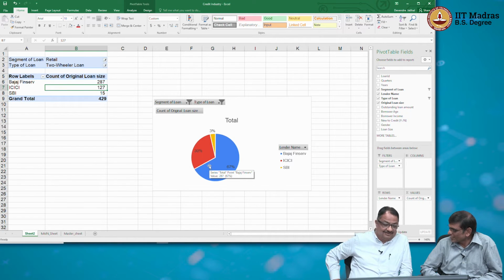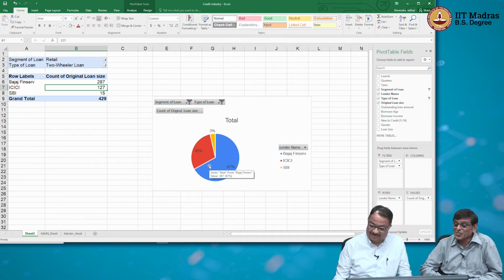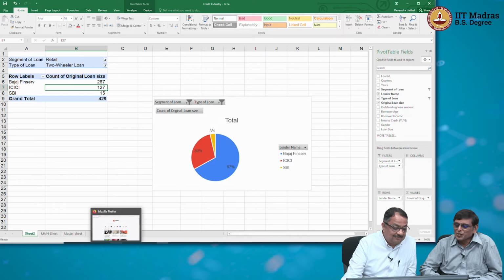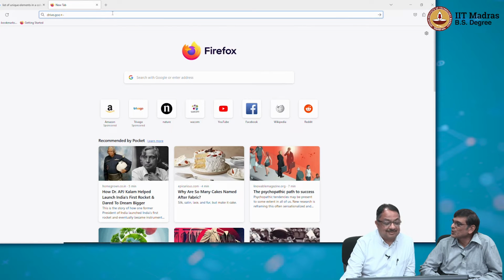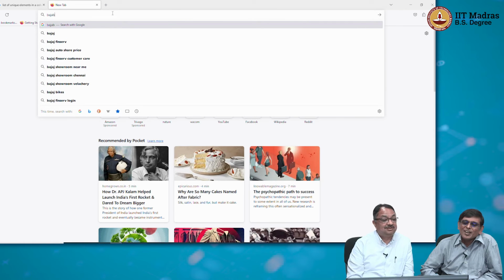Looks like. And my guess is that Bajaj Finserv has some of these dealership types. Actually, you should go to the website. It's very interesting. Just check out the Bajaj Finserv website.